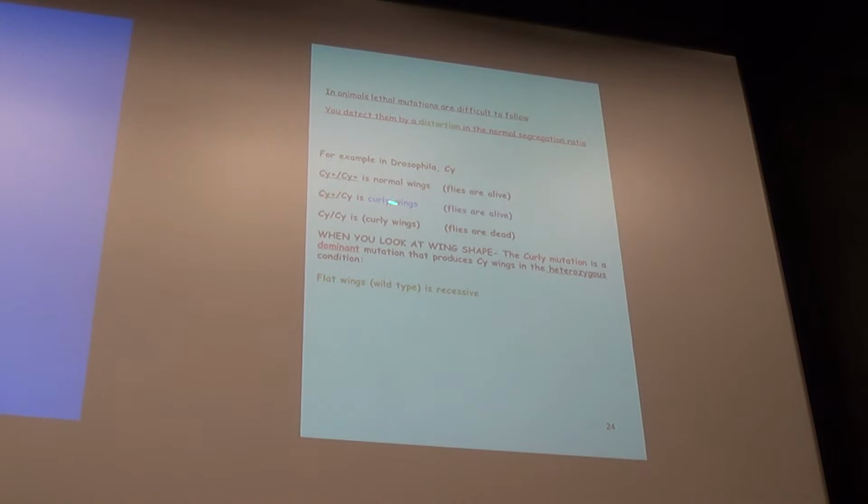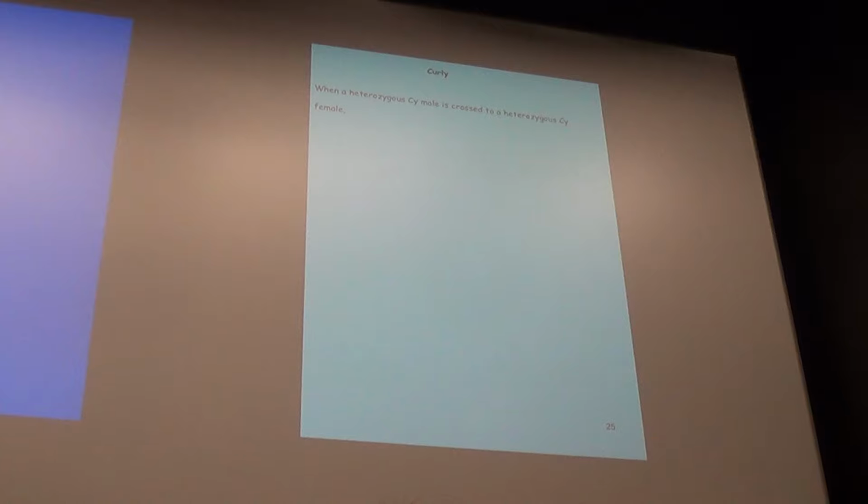So how do you study this? How do you know these flies are dead? Well, let's do a cross. Let's take a heterozygous curly male, cross it to a heterozygous curly female.